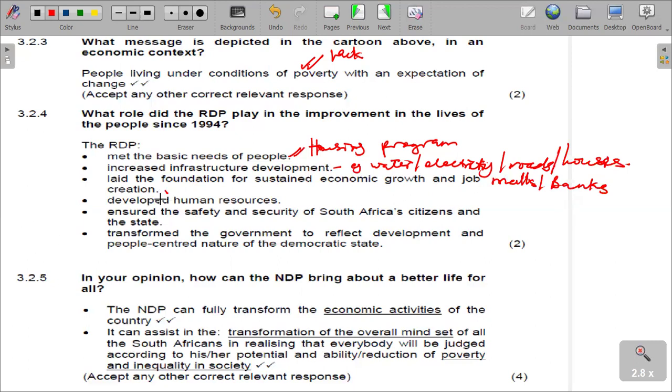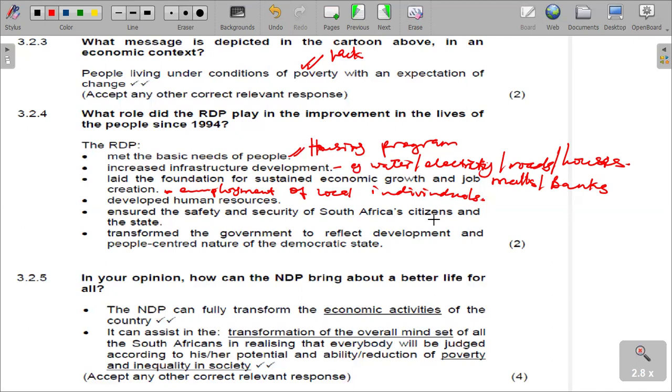As you can see, local people were employed. This has to do with employment of local individuals, people within the areas where businesses were done.